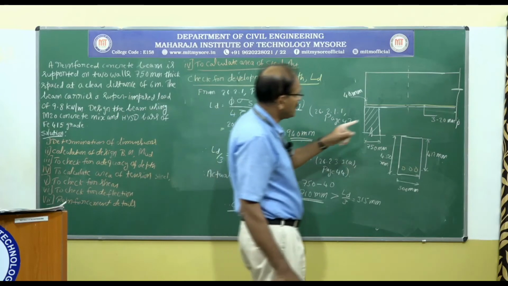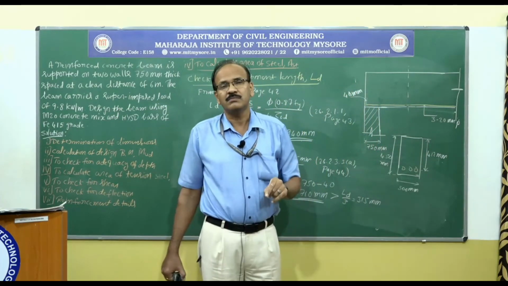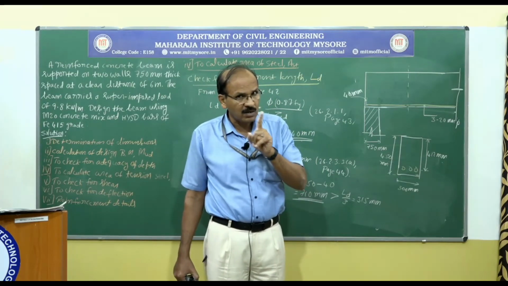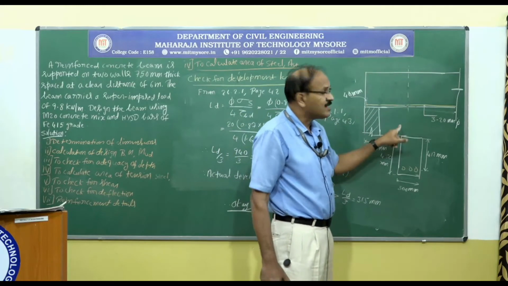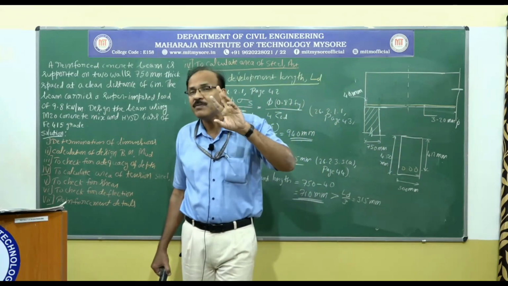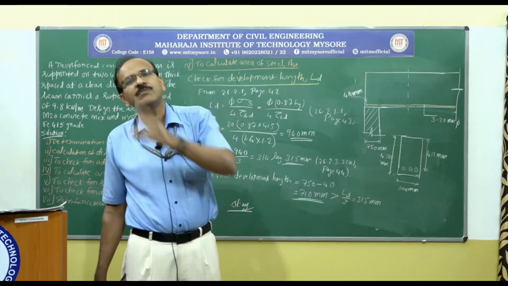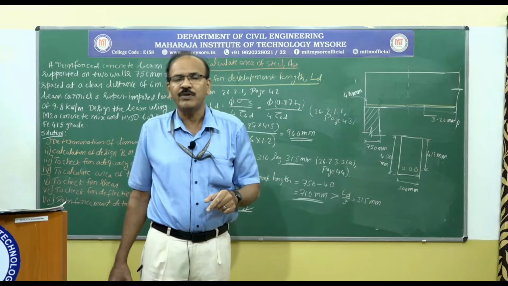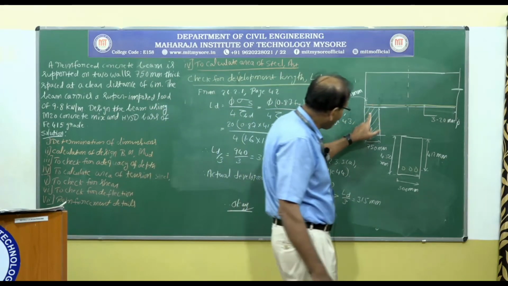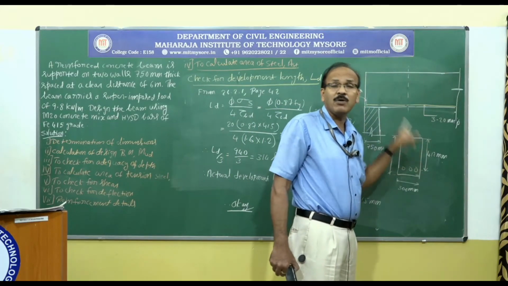However, in this case, because we are curtailing only 1 bar, the moment of resistance of this section will not be half; instead it will be around 2/3 of the maximum bending moment, that is the design bending moment we take. Then we have to find out where exactly we have to theoretically cut off that 1 bar.